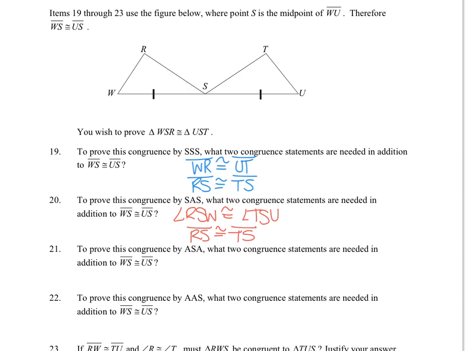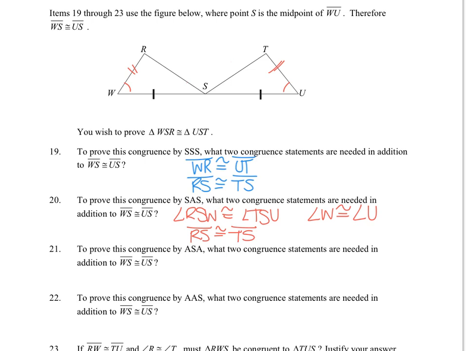The other case we can do is when we make the included angle the angle on the left. In this case, angle W and angle U. So we'd need to prove that angle W is congruent to angle U. This time we can write it with one letter, just the vertex, because there's no question which angle we're talking about.